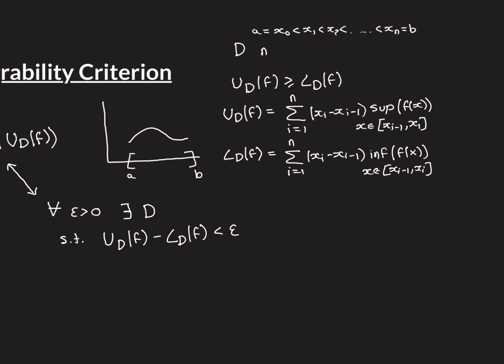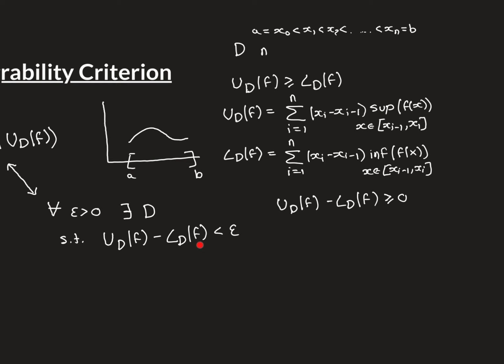So therefore the upper Riemann sum for the function f over that dissection is always going to be greater than or equal to the lower Riemann sum. Therefore, for any dissection D, if you look at the upper Riemann sum minus the lower Riemann sum, which is what we're looking at here in the Riemann Integrability Criterion, this is always guaranteed to be greater than or equal to 0.